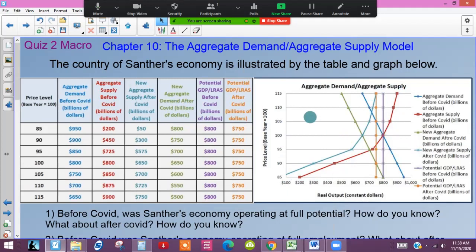As you know, as a result of COVID-19, since last March, our economy has shrunk, has contracted. Our GDP has fallen, very high unemployment. We're very far below full employment.